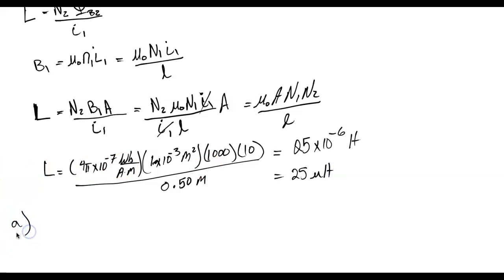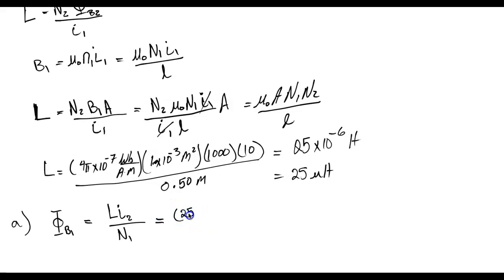And now for part A, the magnetic flux through the solenoid is the inductance times the second current over N1.